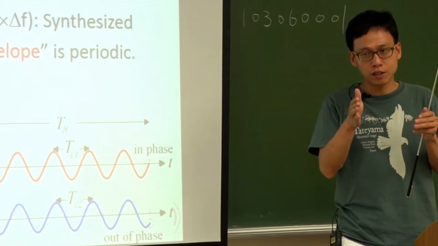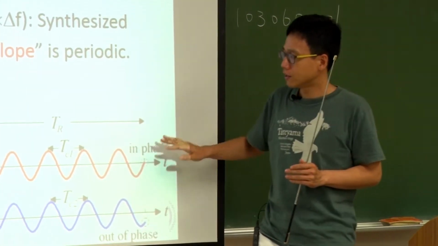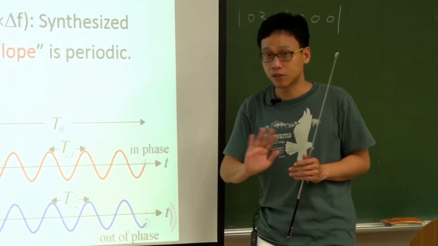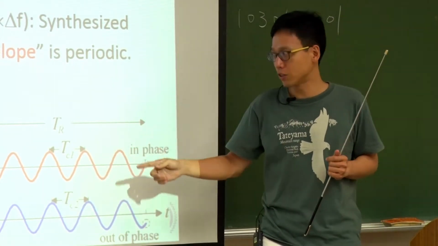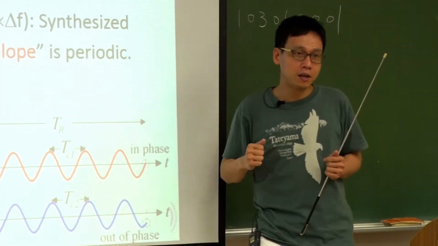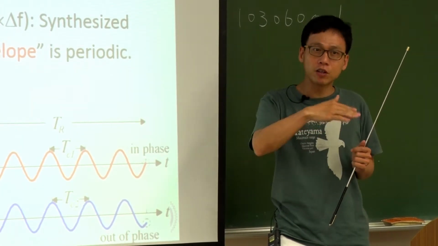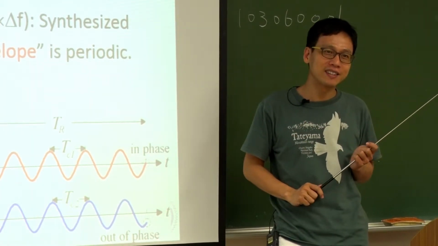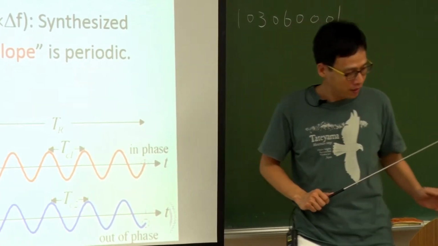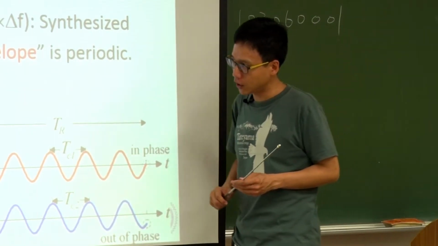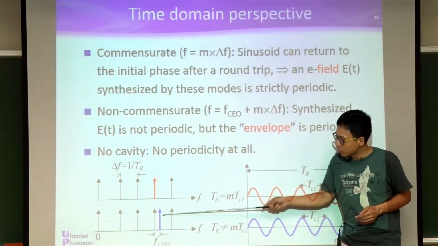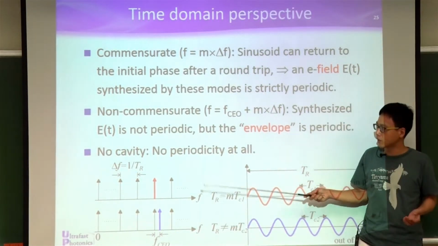So if you look down to the fringes, the synthesized waveform is not periodic. It cannot repeat itself after one TR. Okay. But if you only look at the envelope, it's still periodic. In the third case, if you have no cavity at all, you will have no so-called mode spacing.